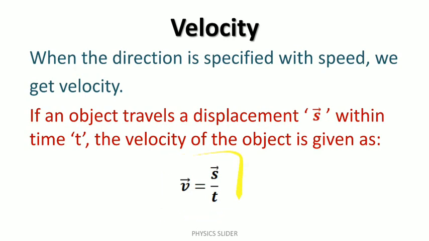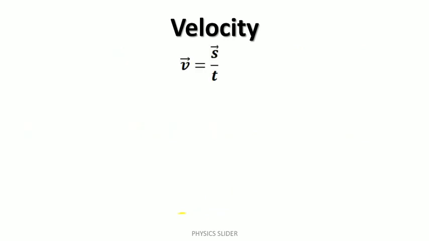Now we will define velocity with the help of this expression. Watch here. We have taken this. We will take this time as 1. If we take t is equal to 1, then vector v is equal to vector s. Now we will read this. The displacement per unit time by an object in motion is equal to the velocity of the object.